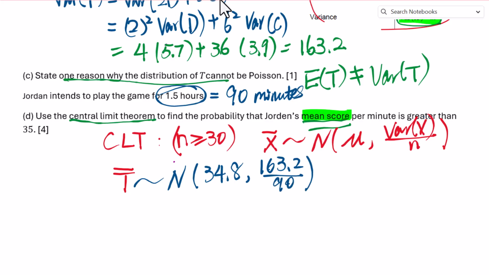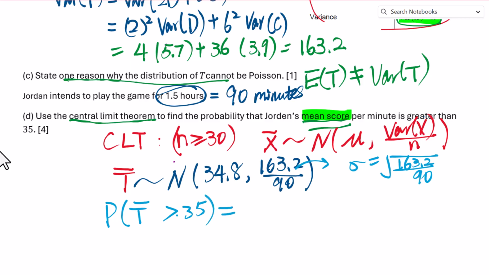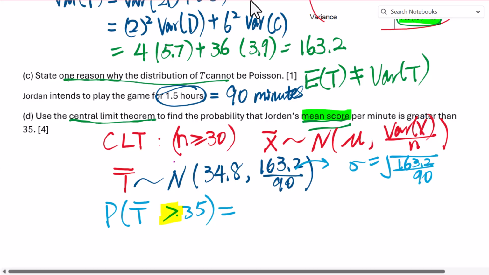In other words, sigma equals square root of 163.2 over 90. We are looking for probability of T bar greater than 35. Since this is a continuous distribution, you don't worry whether you have an equal sign.